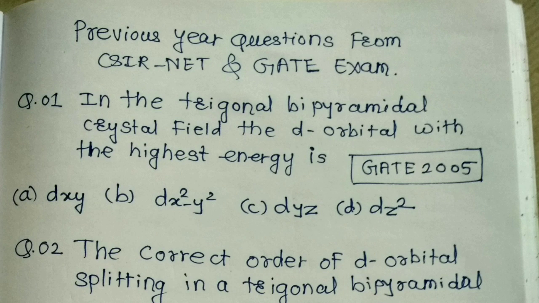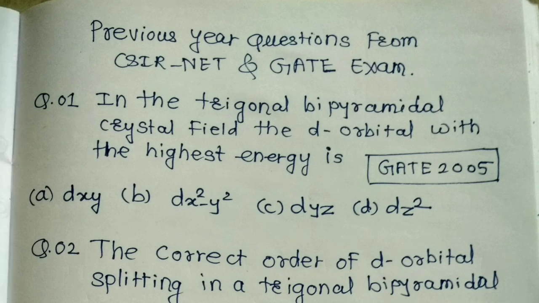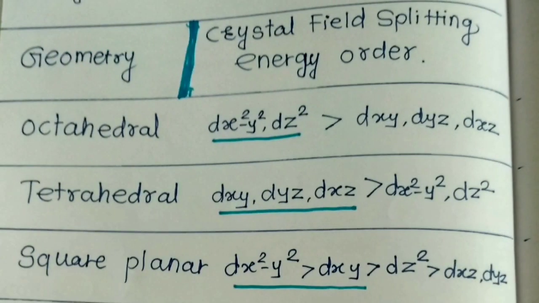Now, how to solve these questions? Let's discuss the trick for crystal field splitting of the d orbitals for different geometries. First, octahedral geometry. We already discussed crystal field splitting in octahedral and tetrahedral geometry.